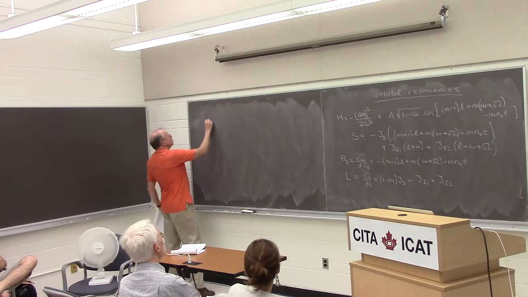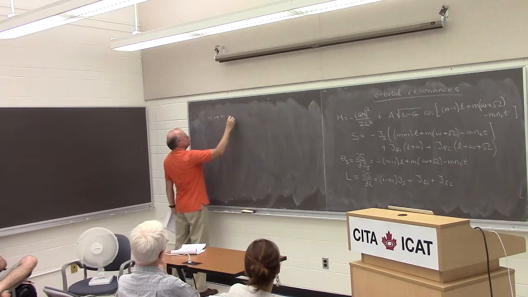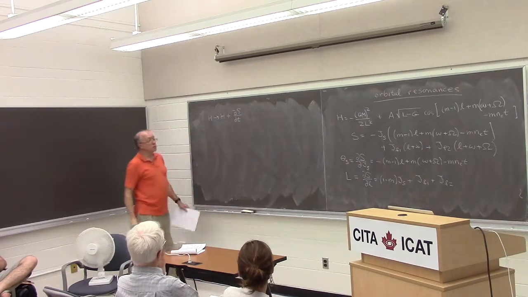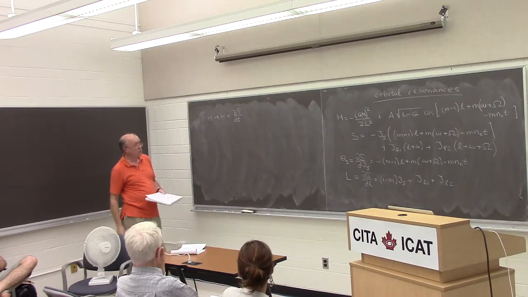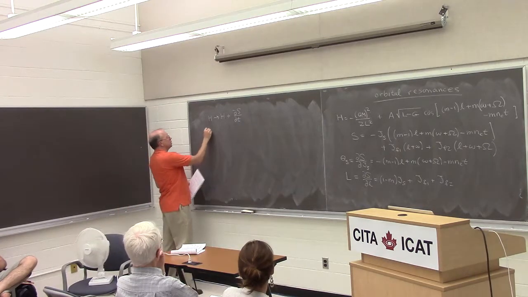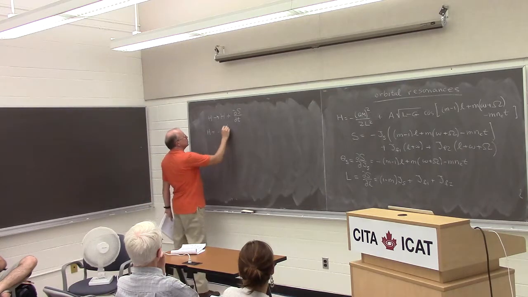And when there's a canonical transformation that depends on time, the new Hamiltonian includes a term which is the partial of the generating function with respect to time. So you can go through this. It's easy to do, but to save a little time, I'll just write down the result.